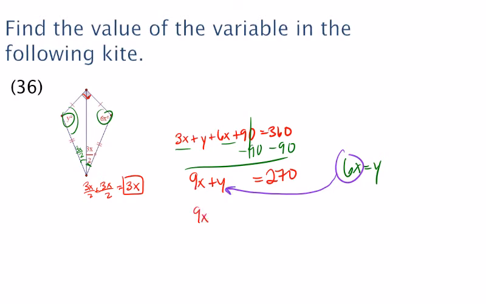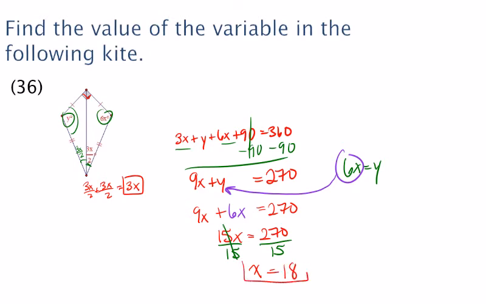So I'll get 9x plus 6x equals 270. And now we're down to one equation, one variable, and we can solve for that, right? So 9x plus 6x is 15x equals 270. Divide both sides by 15, and we get x equals 18.